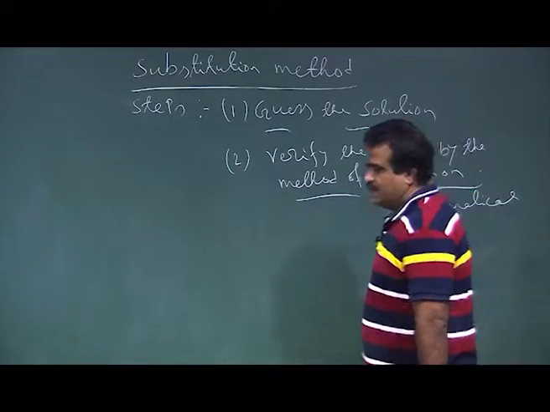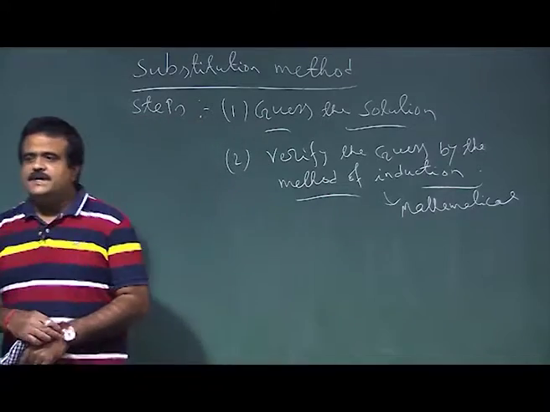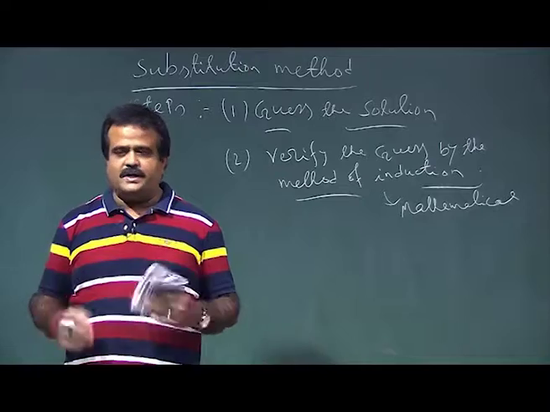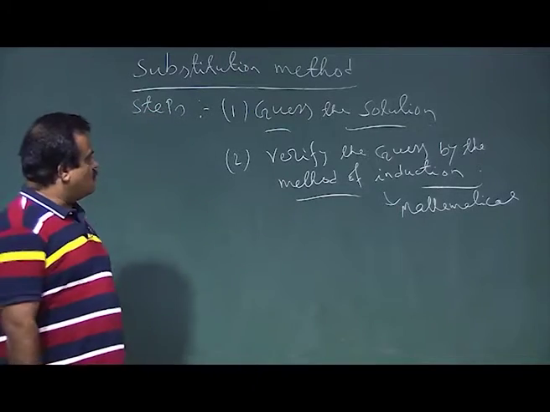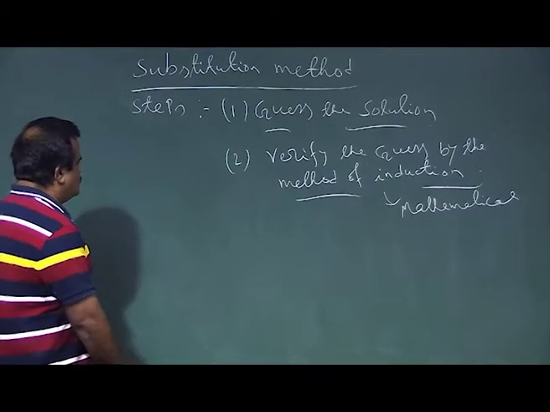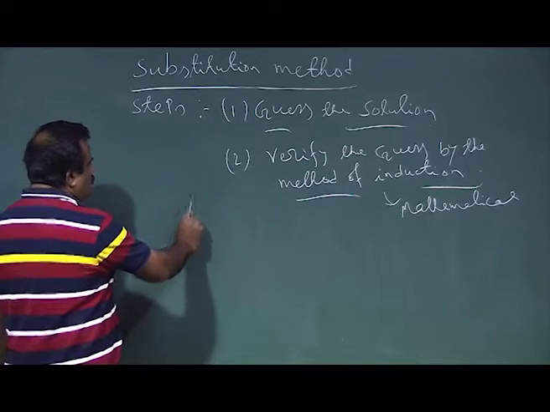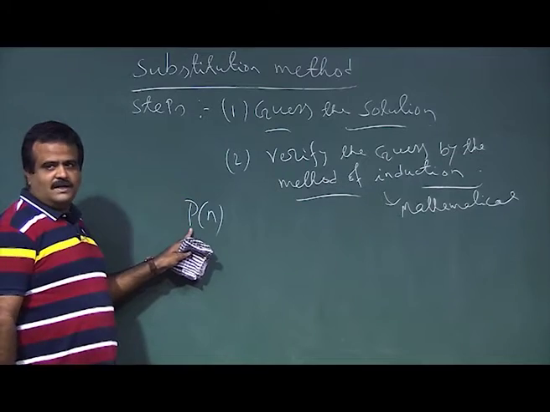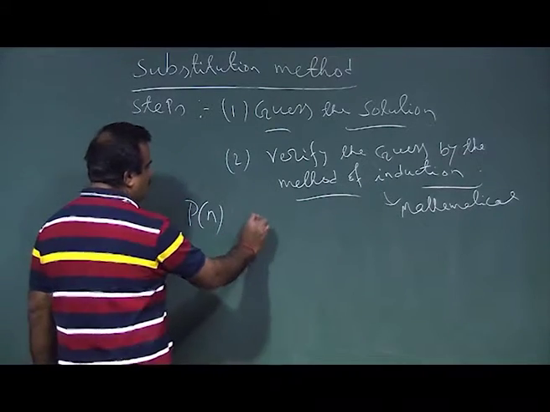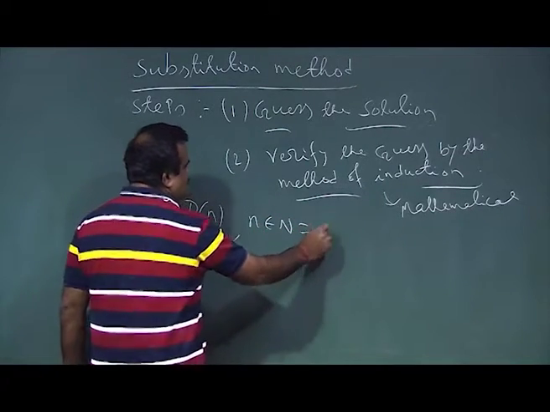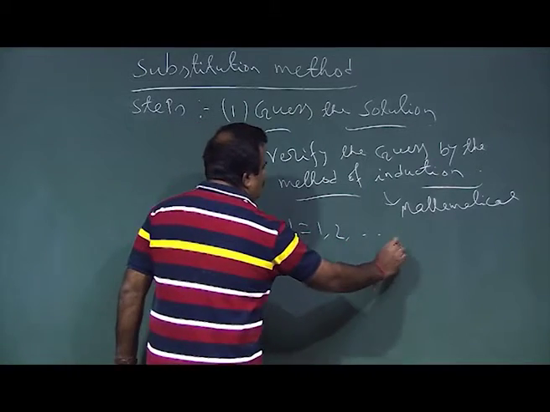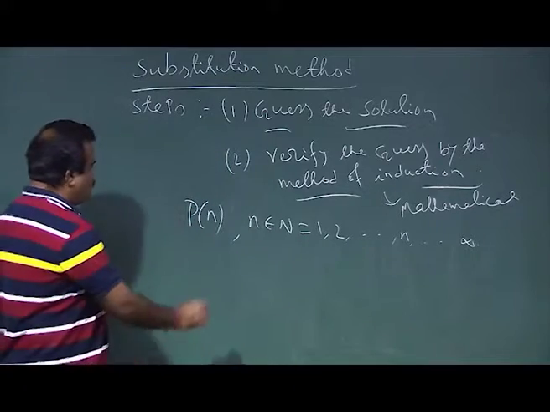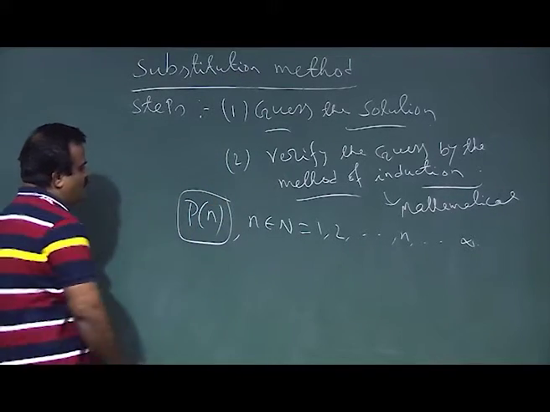We know mathematical induction. Induction means anything we want to prove in terms of n, where n is a natural number, any property in terms of n. Actually, there are two versions of mathematical induction. In the first version, suppose we want to prove some property P(n) in terms of n, where n is a natural number, meaning 1, 2, up to infinity.